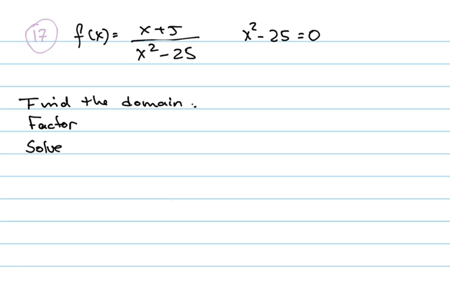Well, the only way for now, how we know how to solve this equation is by factoring. This is a quadratic equation. Matter of fact, it's a difference of two squares. How do we factor x squared minus 25?